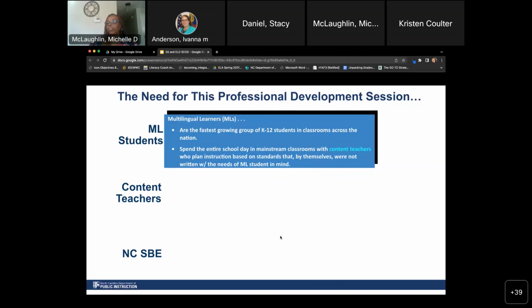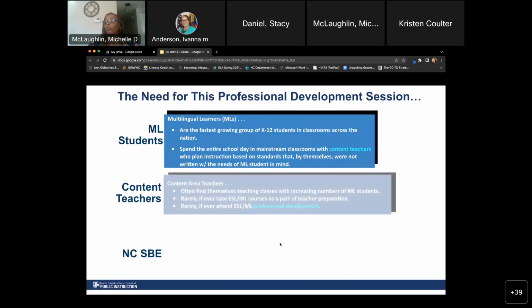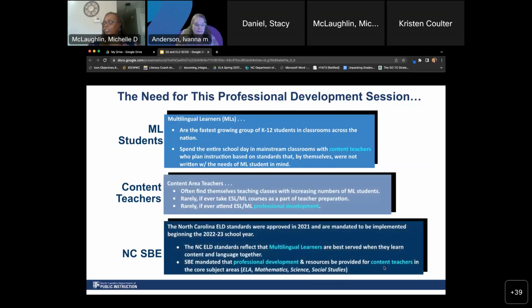With those being two groups that are immediately impacted, our State Board of Education approved the standards, the ELD, science, and in ELA that complement and that serve the best interest of the multilingual student. And so with that comes a mandate that training and conversation.